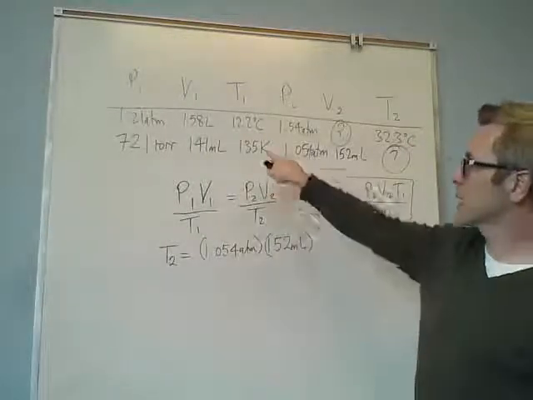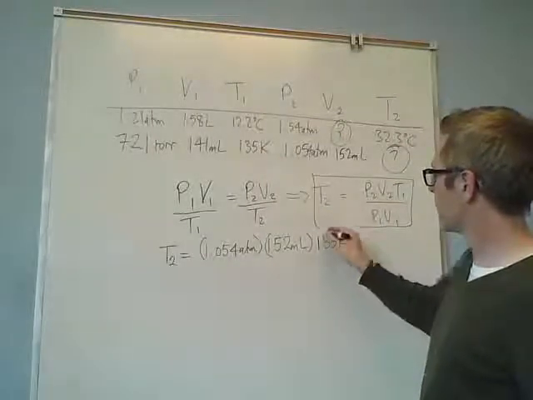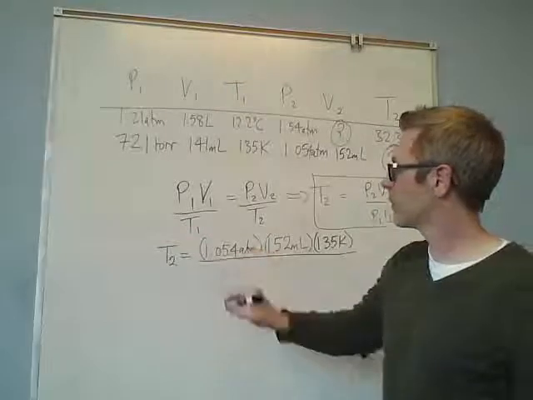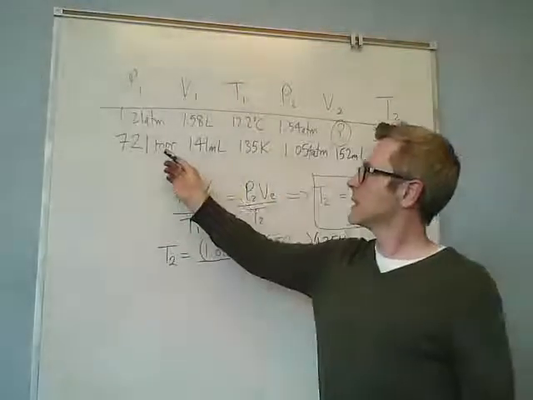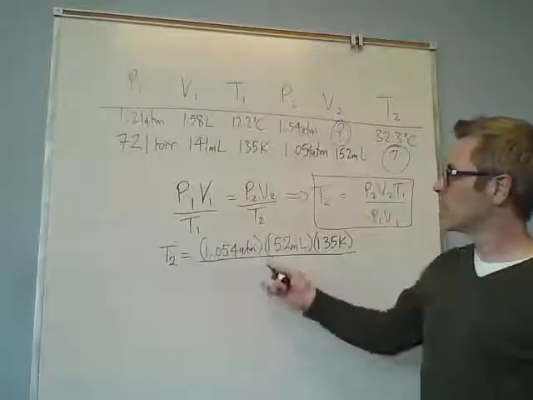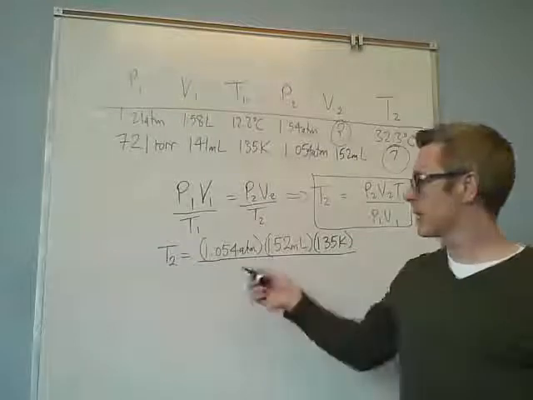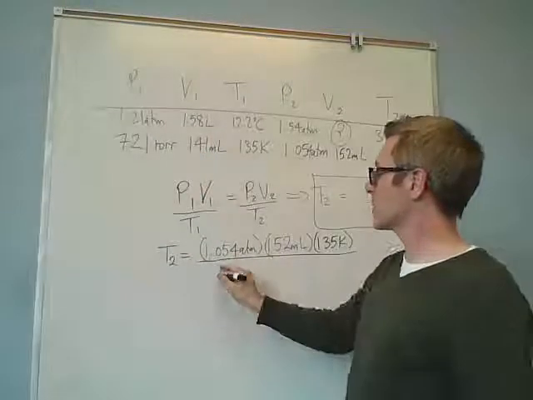T1 must be in Kelvin, and it is. P1 is in torr. Now there's a problem. If I use that number as given, my units won't cancel. Atmospheres and torrs won't cancel. So I need to convert torr to atmospheres.